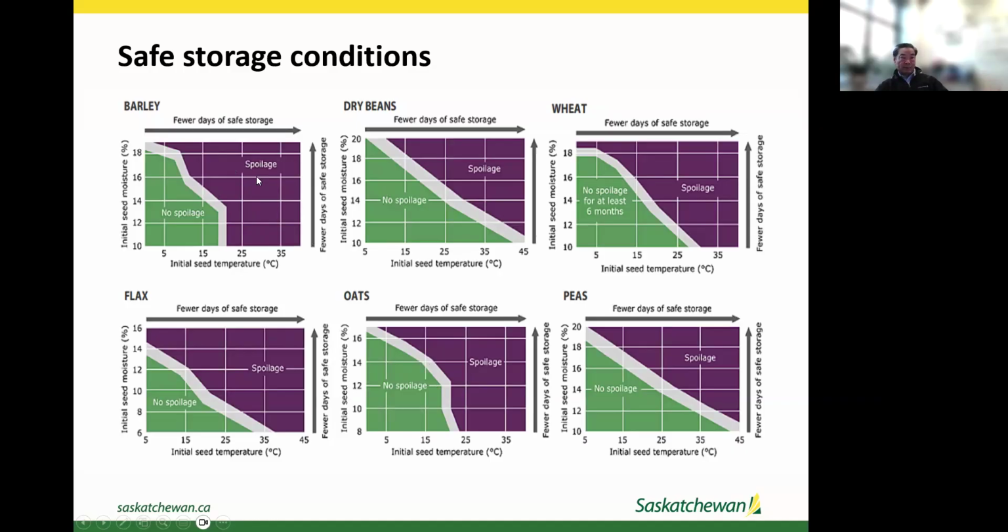The dark purple represents the unsafe storage conditions, and the green part shows the no-spoilage storage conditions. And again, as the moisture content decreases and the seed's temperature decreases, the storage time will be longer and safe.